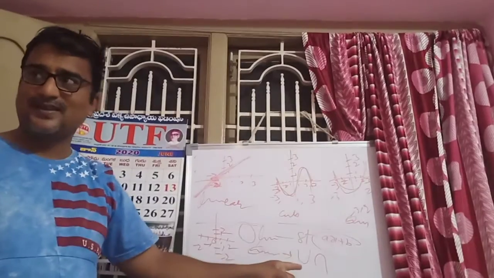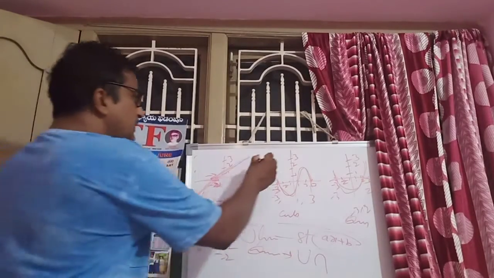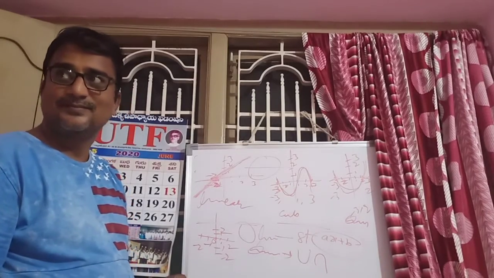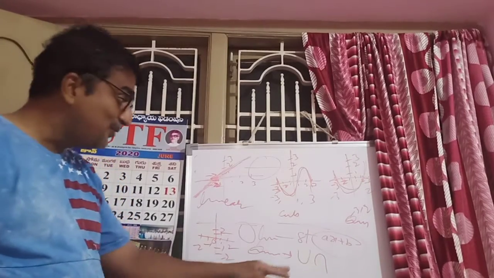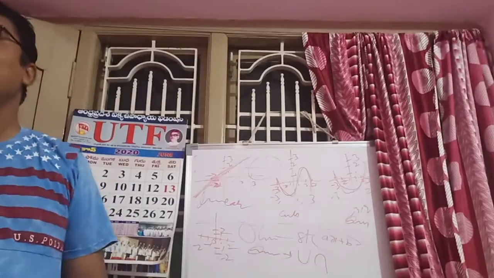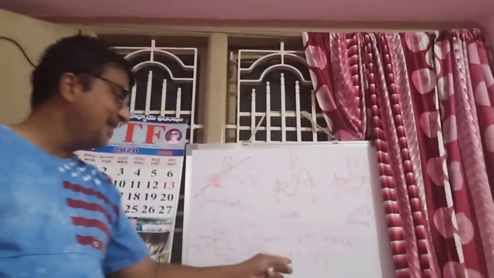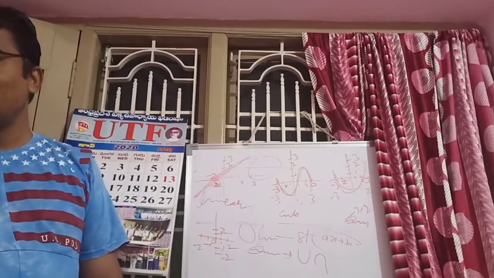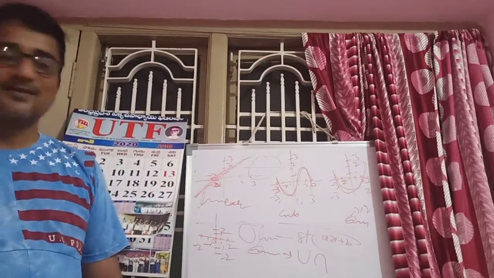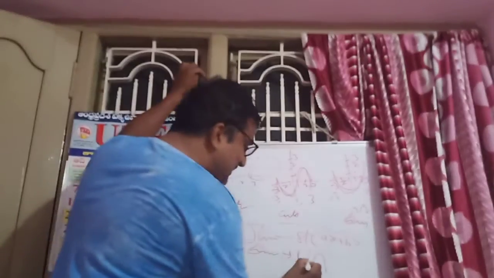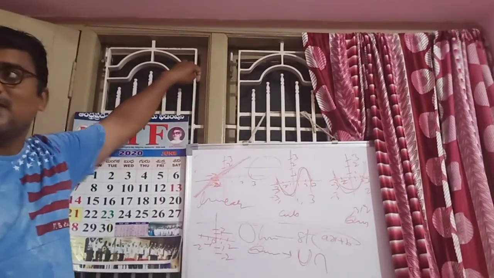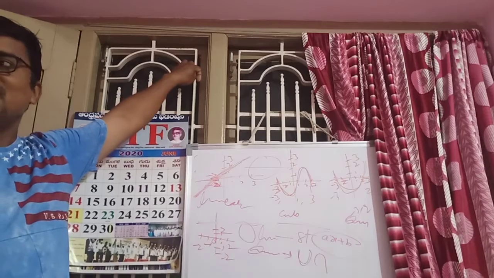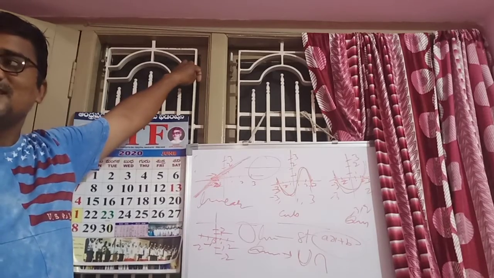This is a hemisphere. Therefore, this is called the parabola. Don't say this is union, this is intersection. This is the parabola, most important. Graphically, the quadratic equation represents a parabola.